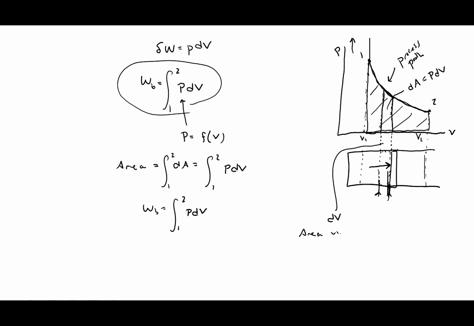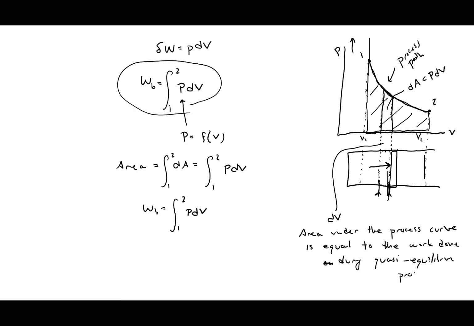So the area under the process curve is equal to the work done during a quasi-equilibrium process. And remember, quasi-equilibrium is an assumption that we make if the piston is moving at a slow enough velocity.